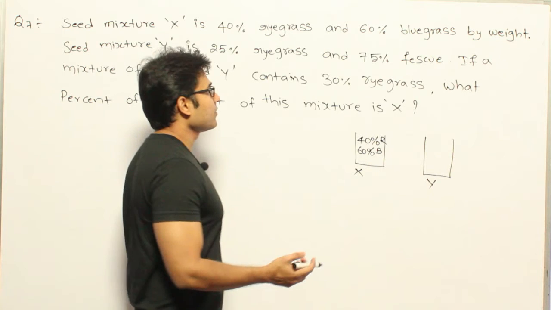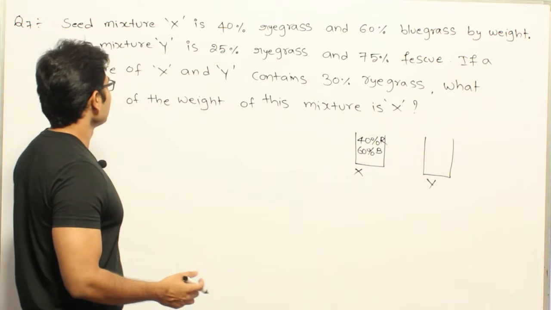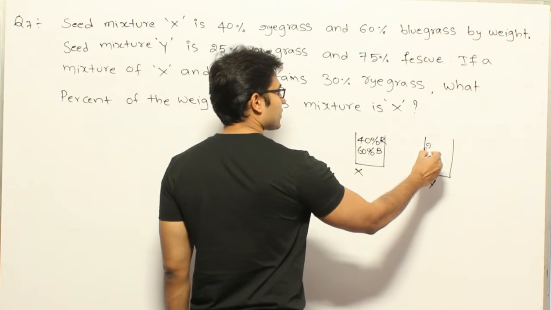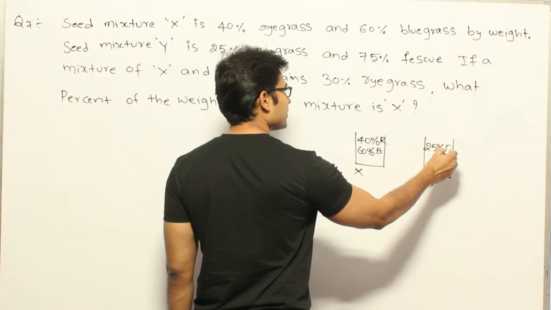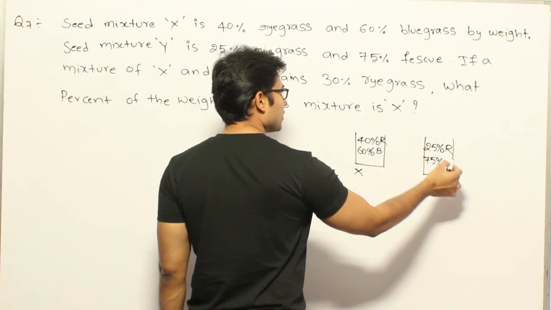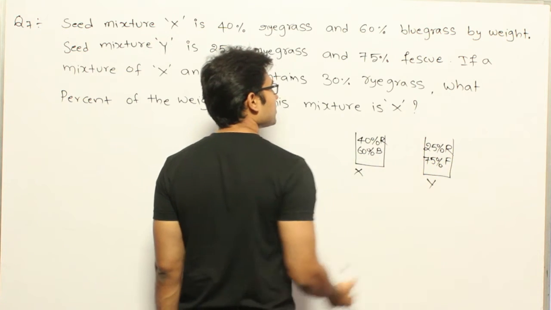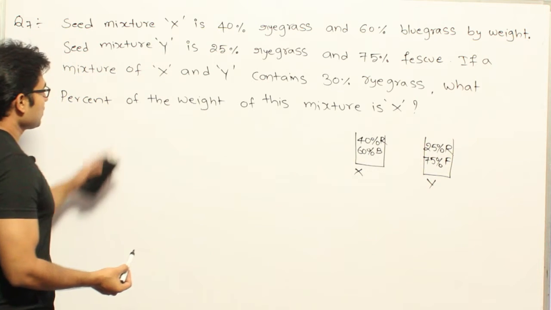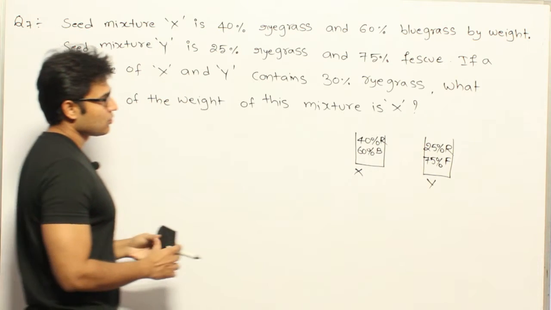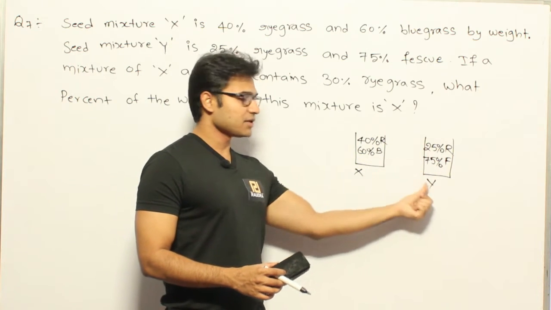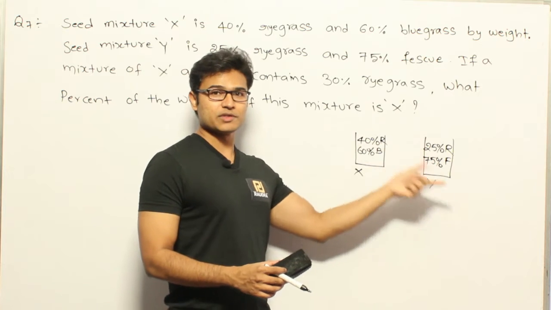Okay, and the other one is that in the seed mixture Y there is 25% ryegrass, and 75% is a different seed, fescue. So fescue is 75%. Now they are saying that if a mixture of X and Y, see these two are already mixtures, now we are going to take a mixture of X and Y. Mixture of mixtures.